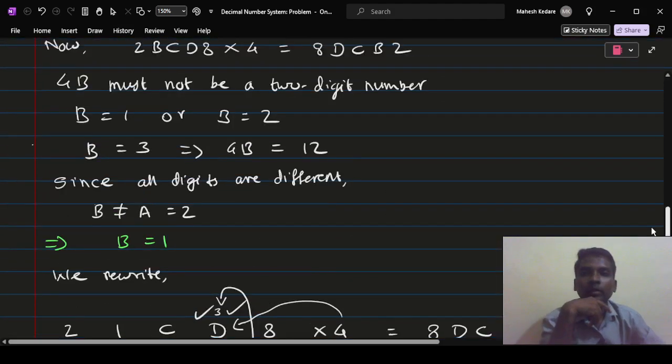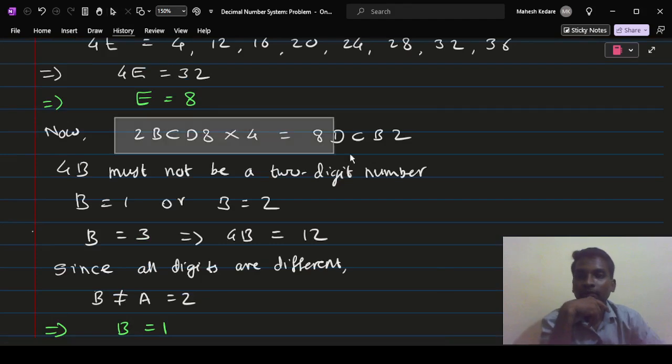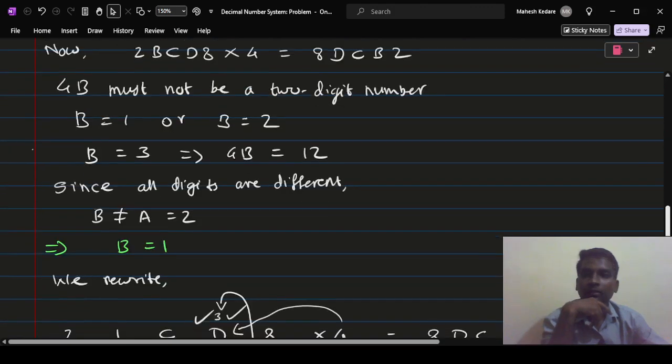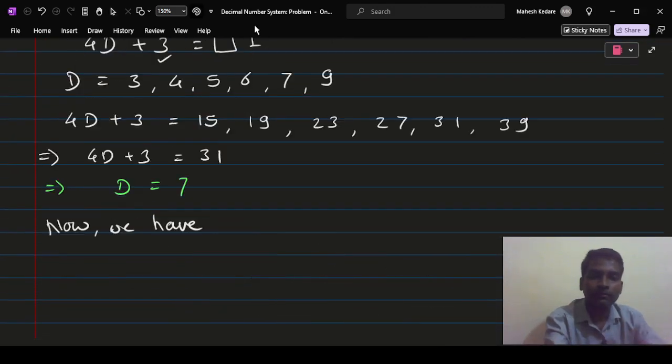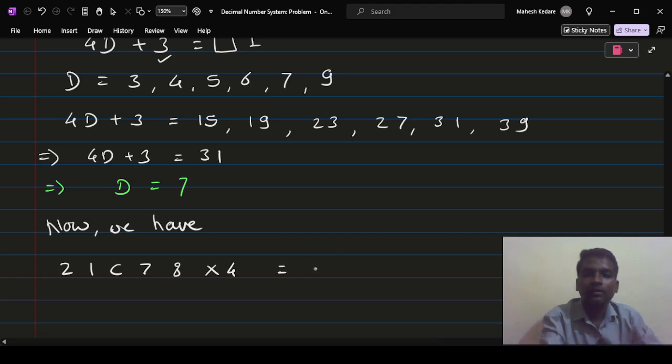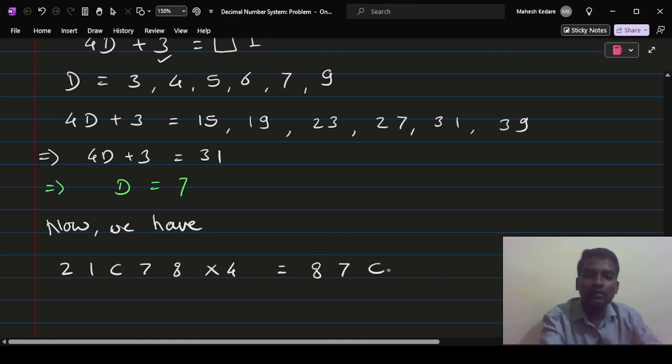Now we rewrite this expression of multiplying by 4 by taking values for the symbols: 2, 1, 3, 7, 8 multiplied by 4 giving us 8, 7, 3, 1, 2.